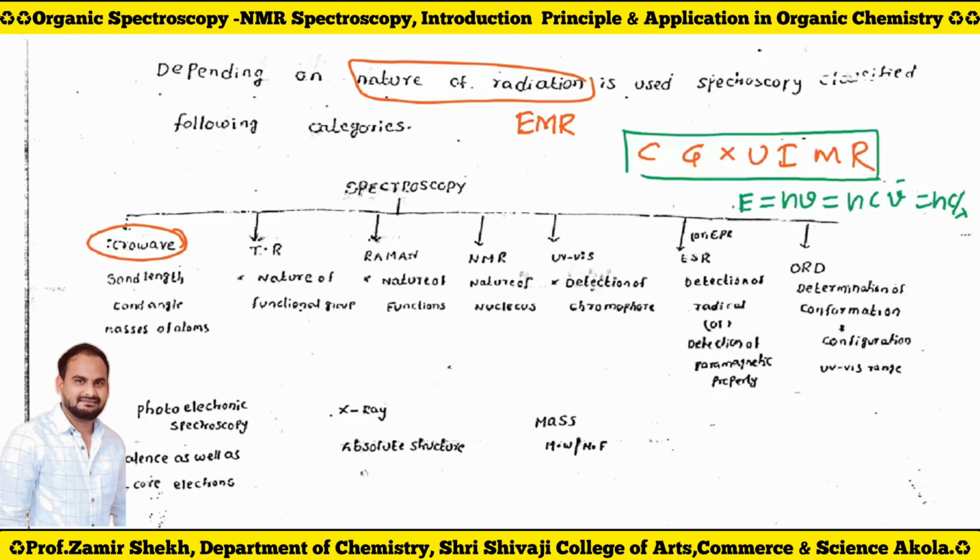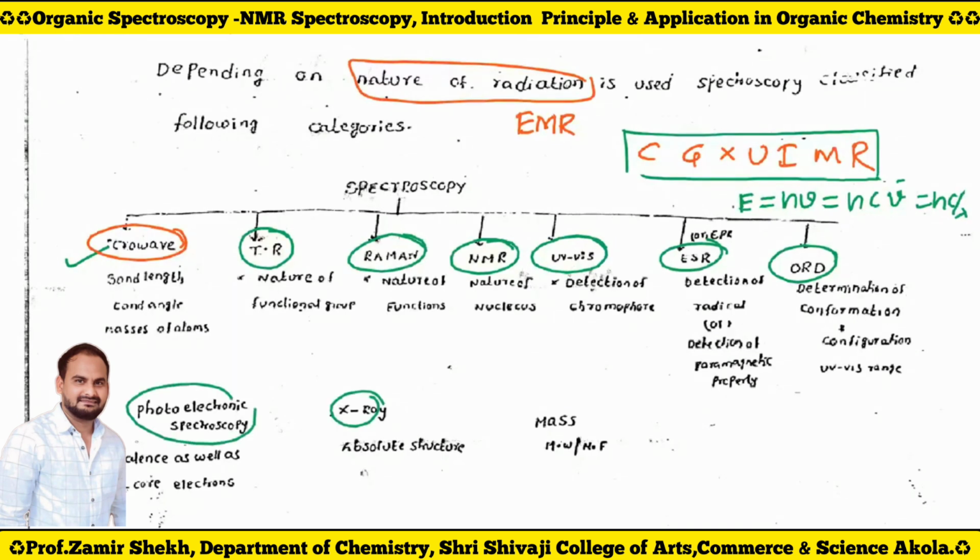First is microwave, then second is IR, then Raman, then NMR, then UV visible, then ESR, then optical, that is called ORD. Okay, we have photoelectron spectroscopy, we have X-ray, and the mass.